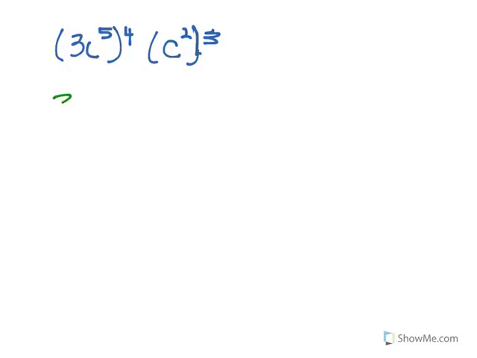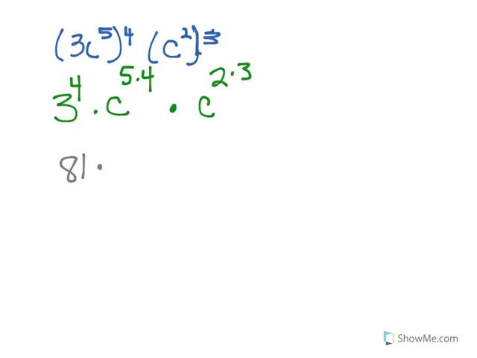That becomes 3 to the fourth times c to the 5 times 4. And then our second, a power raised to a power, is c to the 2 times 3. 3 to the fourth is 81, times c to the 5 times 4, or c to the 20th, times c to the 2 times 3, or c to the 6th.